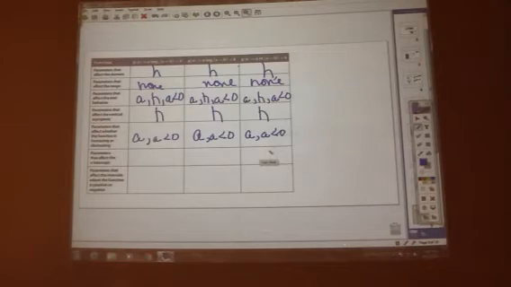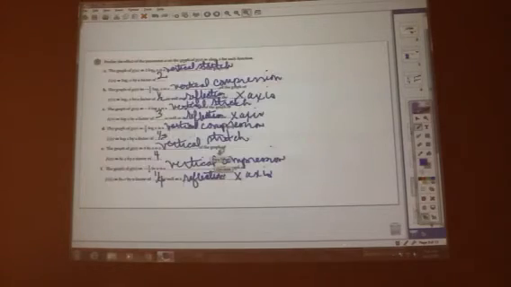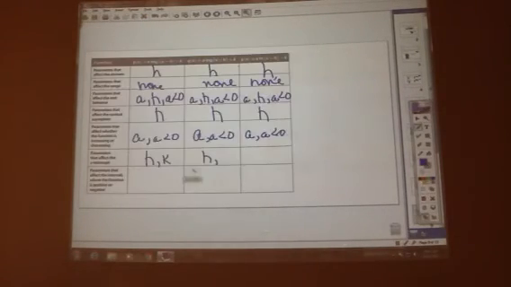Parameters that affect the x-intercept. H, K.